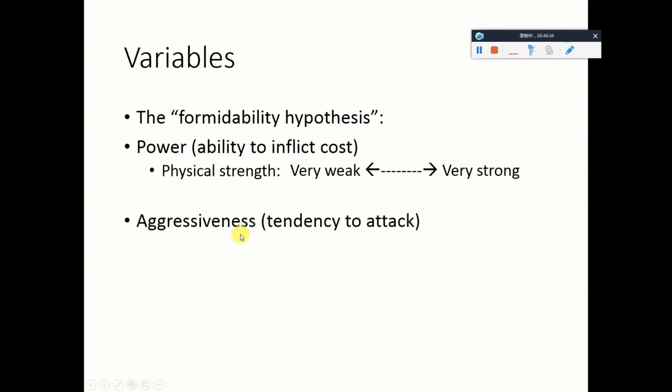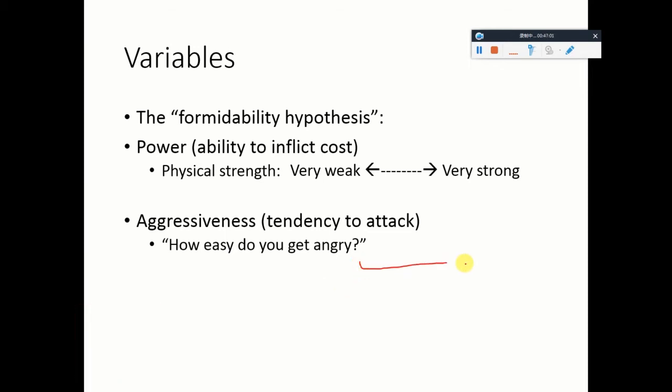At the same time, we can define aggressiveness as a person's tendency to attack. So we can easily assign a value of this variable, aggressiveness, to a person by asking the person, well, how easily do you get angry? Again, we can imagine a scale, right?